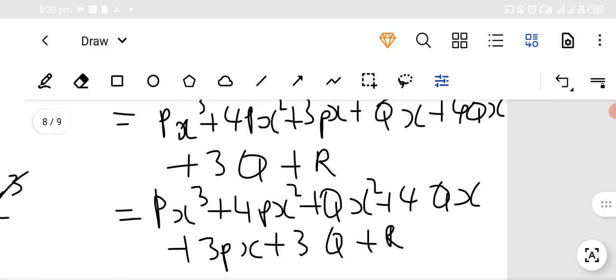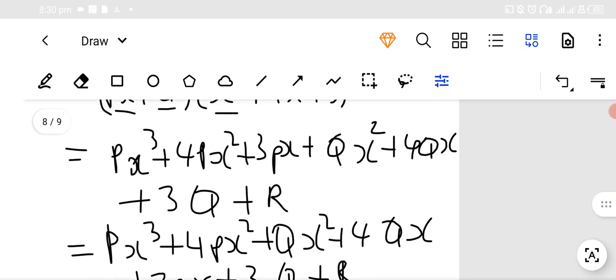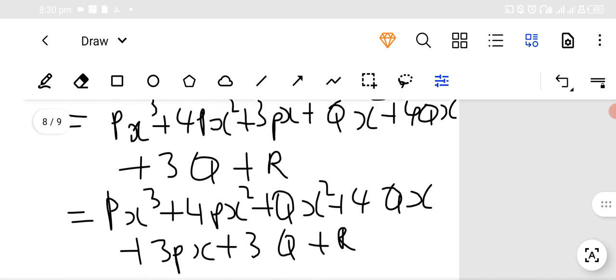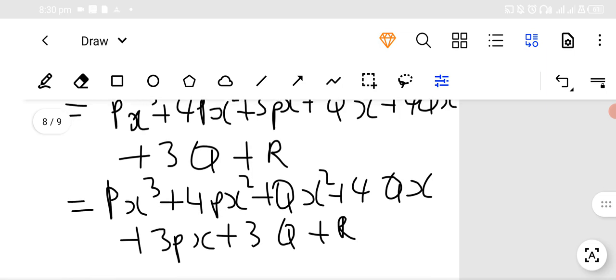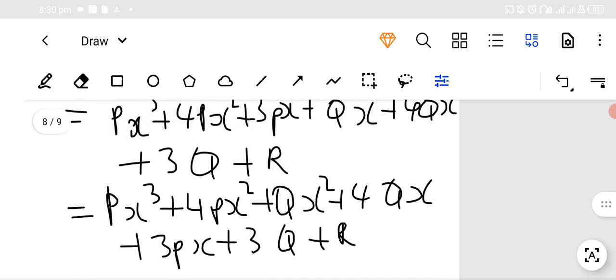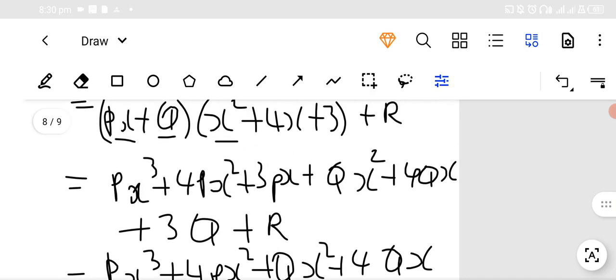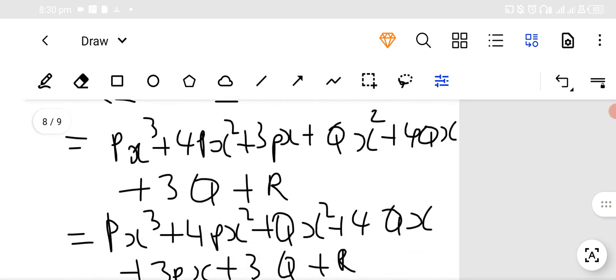As you can see there, everything that is squared is together, then what is having x only is together, and what has no variable is together.